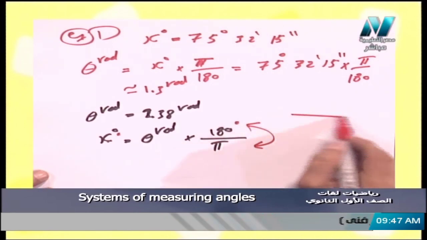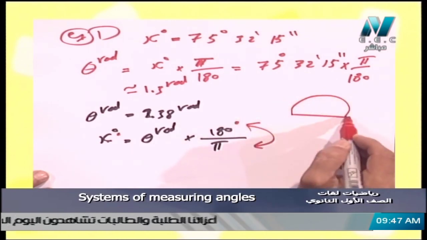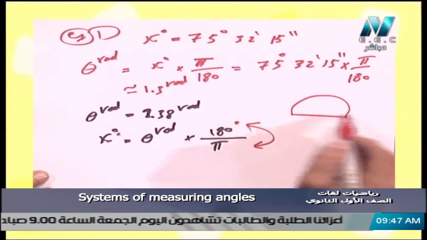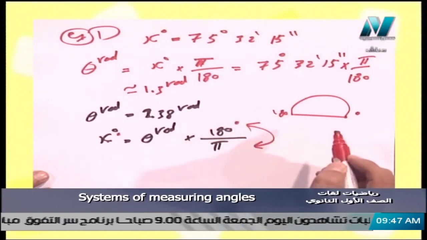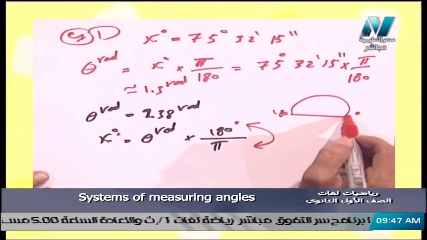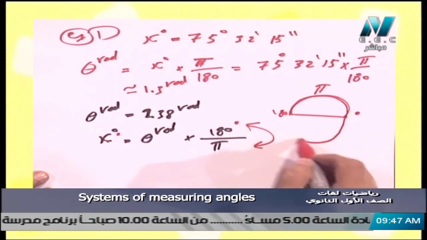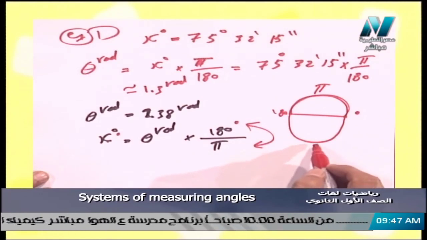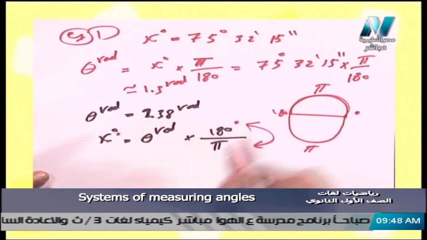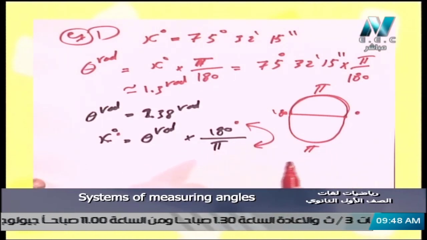We have said before that the semicircle as degrees goes from 0 degrees to 180, but if we measure as rad, it's pi rad, and this half is also 180 or pi, so the circle is 2 pi as rad or 360 as degrees.